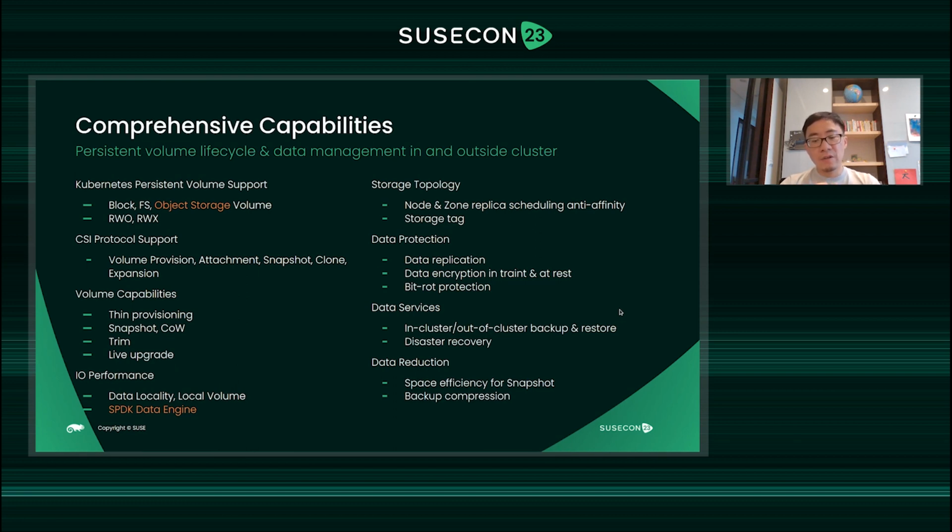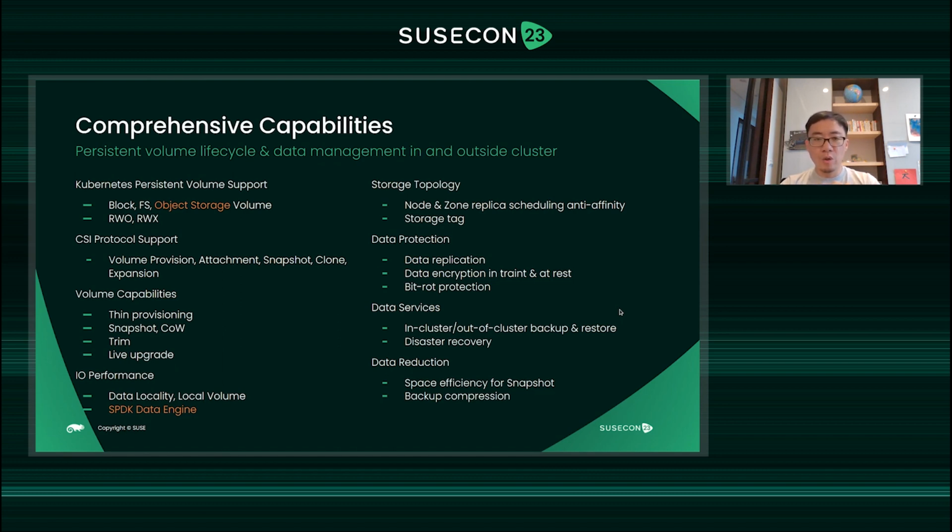Data reduction. Space efficiency is very important if your system is based on snapshots. And Longhorn has different recurring job types to let you decide what kind of strategy you want for your space efficiency, what time you want to clean out your snapshots based on your space plan.